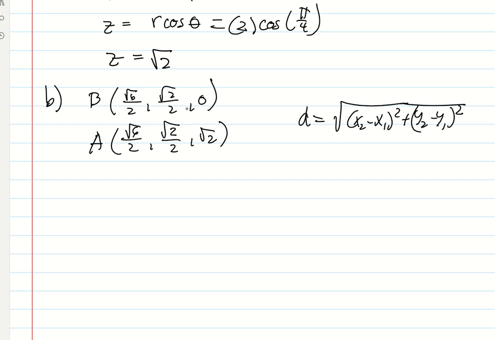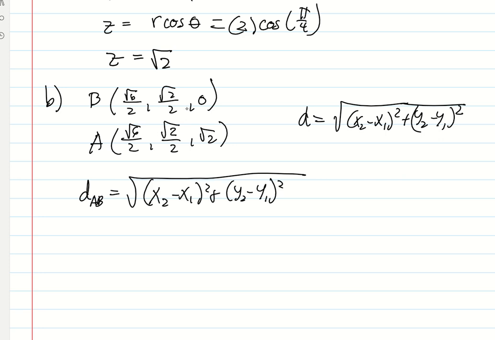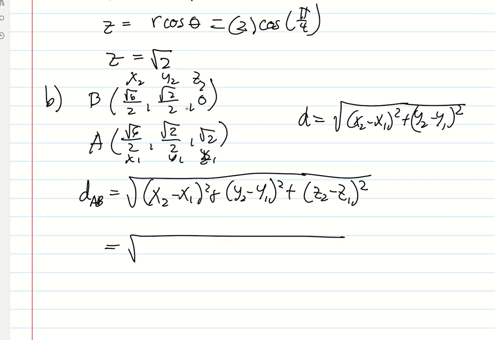So the distance between A and B, DAB, will be equal to the square root of (x2 minus x1) squared plus (y2 minus y1) squared plus (z2 minus z1) squared. This is the diagonal of a certain cube or box. We can let this one be our x1, y1, z1, and this is x2, y2, z2, so that we can solve for the distance between the 2 points.